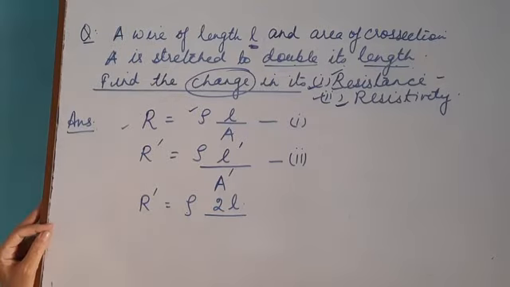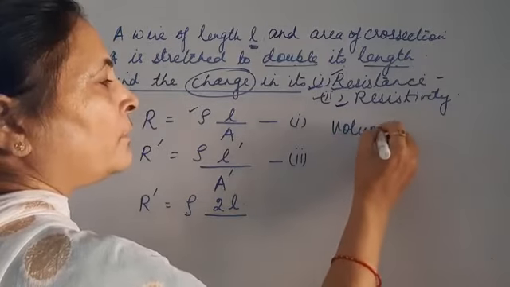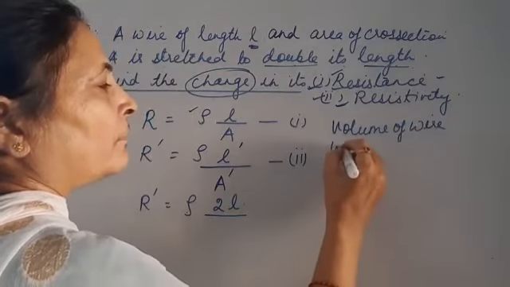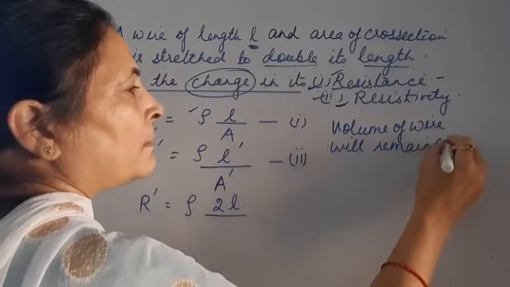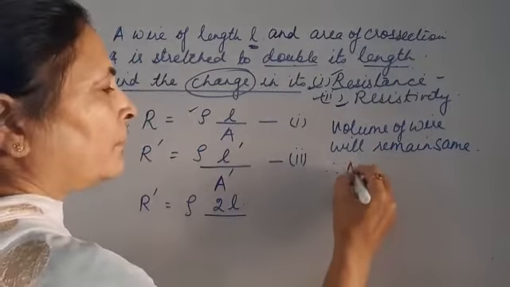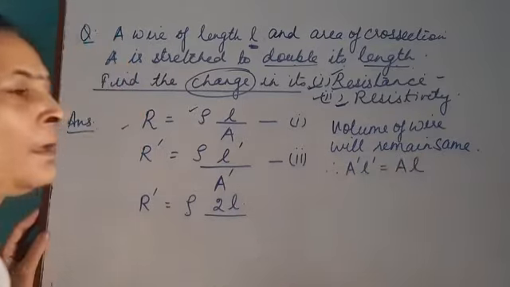Now how will I calculate? As the volume of the wire will remain the same, therefore A dash L dash must be equal to AL.